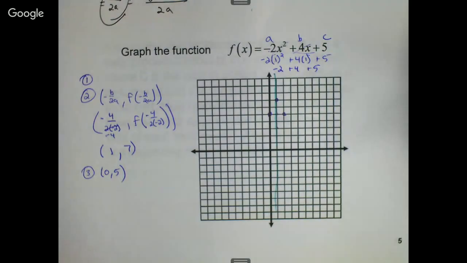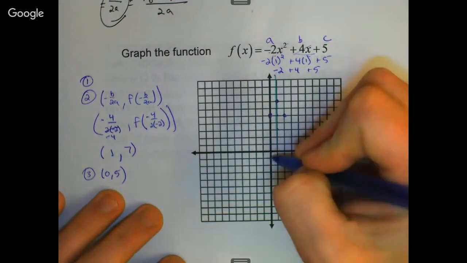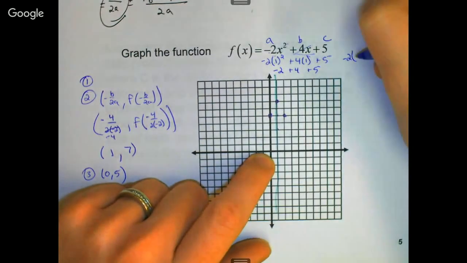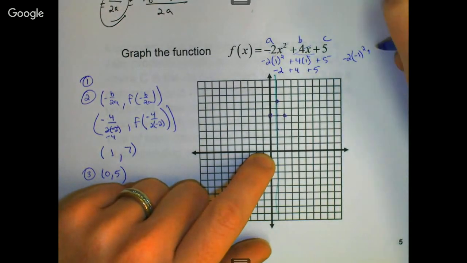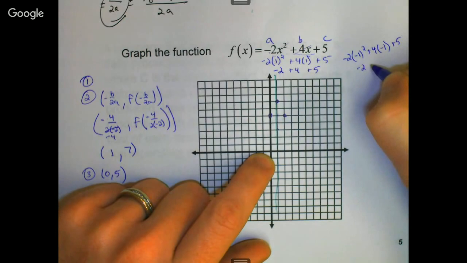If you want to go ahead and find the x-intercept, you can. Sometimes it'll be tricky, especially if it's like this. But I can also just plug in negative 1. Okay, if I plug in negative 1, that's 1, so that's minus 2, minus 4, plus 5.